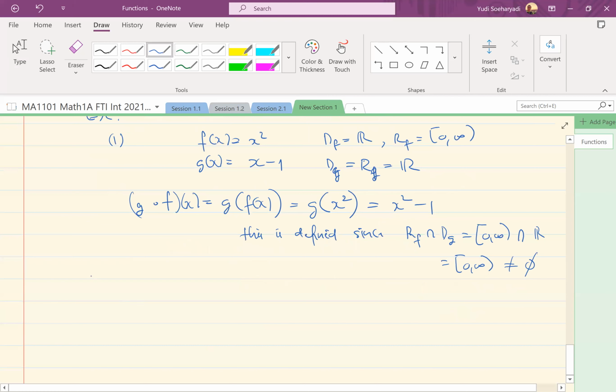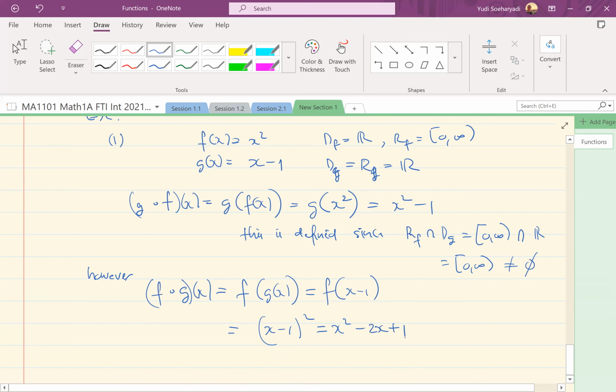However, if you compute the other way around, you get different things. That means f follows g. f applies to g, where g is x minus 1, and f says to square the number. So this gives you x minus 1 squared, and if you multiply this out, you get x squared minus 2x plus 1.